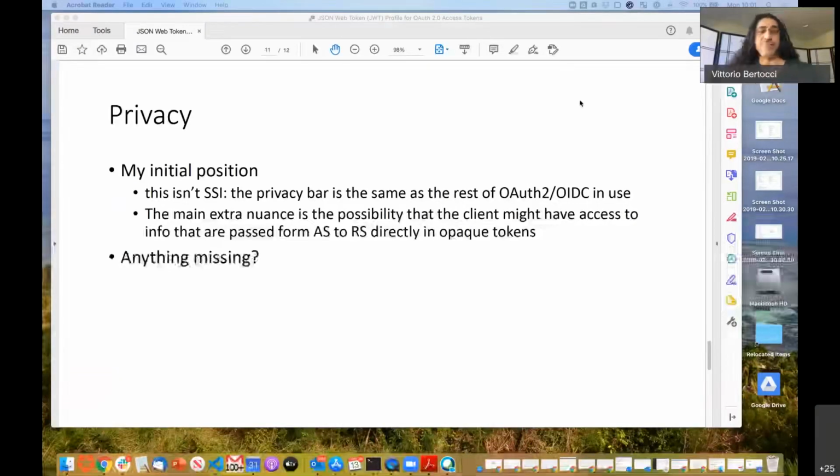Okay. So on the privacy principles, the general point is I don't think that here we are adding anything that isn't already in OAuth. And so I don't think that placing goals for this particular aspect that are somewhat higher or different than the entire framework is appropriate.